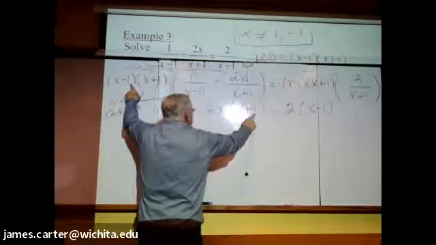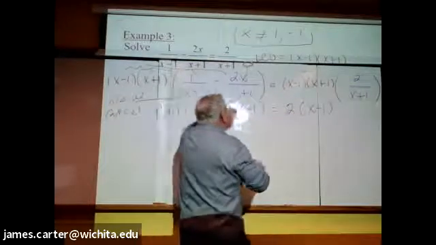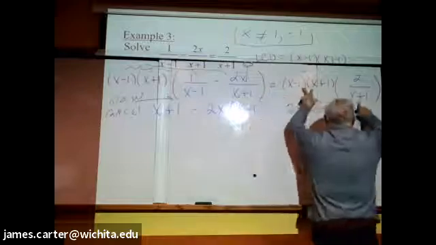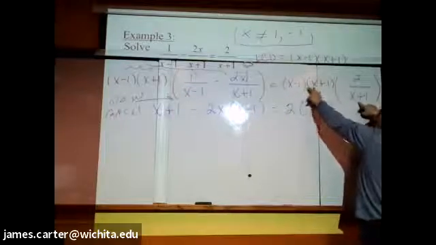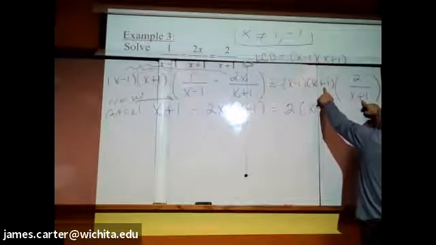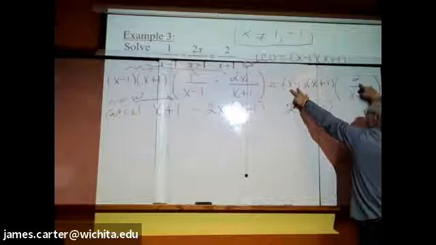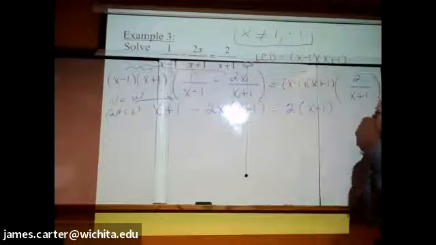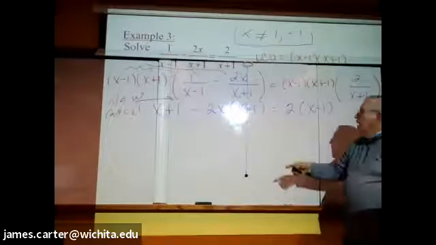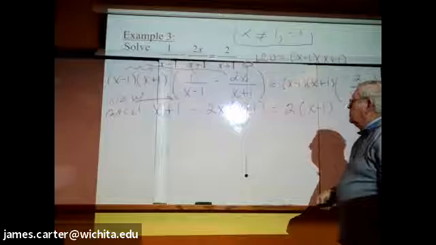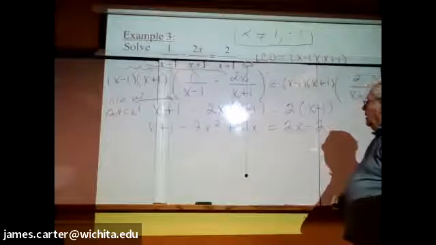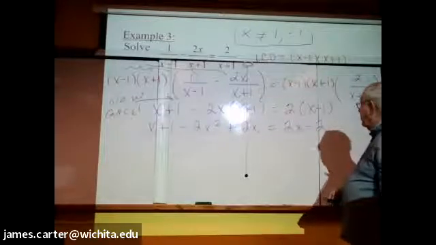So 2x times x minus 1. When I take these two times this one, the x plus 1's cancel, and I get 2 times x minus 1. Now we've got to distribute these two sets, and we've got to combine like terms.